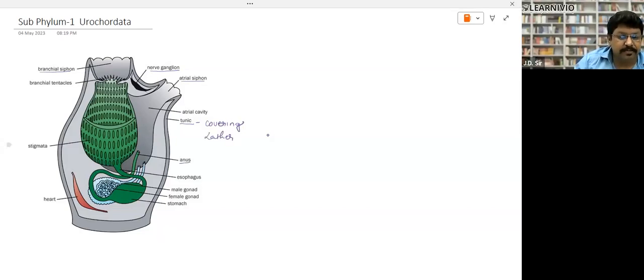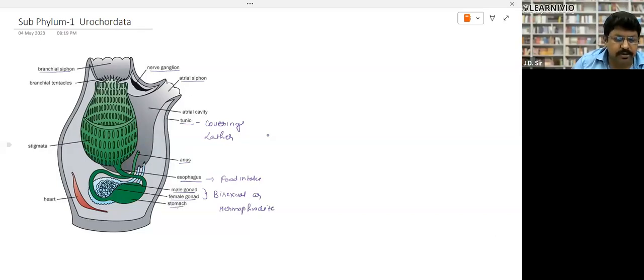This is the anus. Esophagus, meant for food intake, right? Male gonad, female gonad. It means both of the gonads are present, so it is bisexual or hermaphrodite, whatever you want to say.